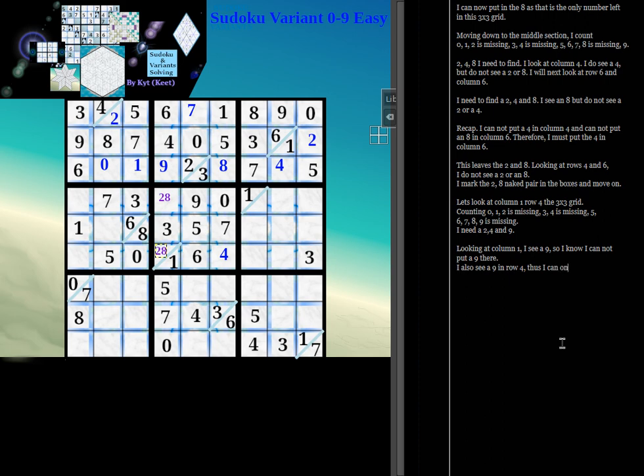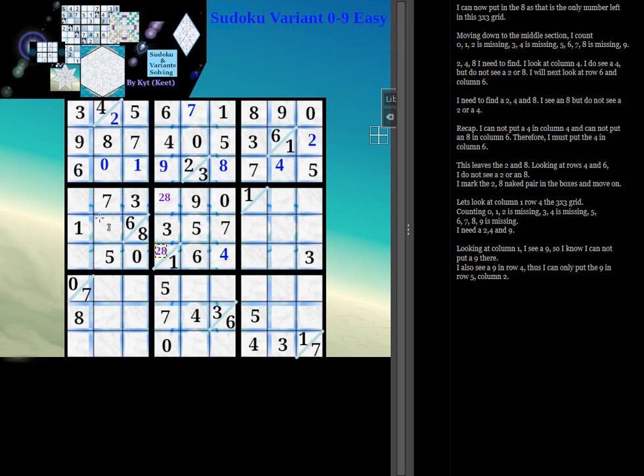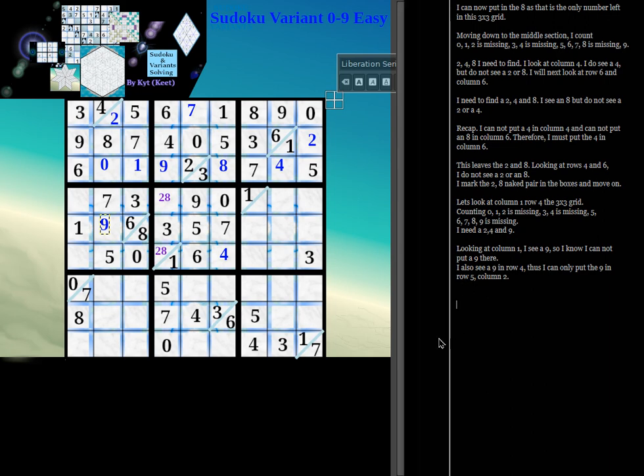Thus, I can only put the 9 in row 5, column 2. This leaves us with the 2 and 4.